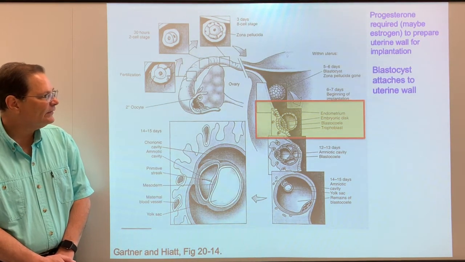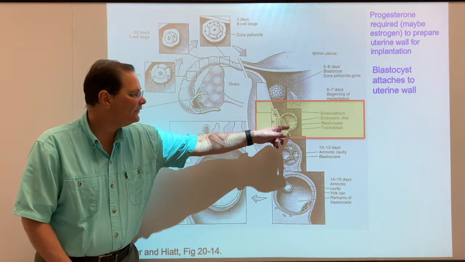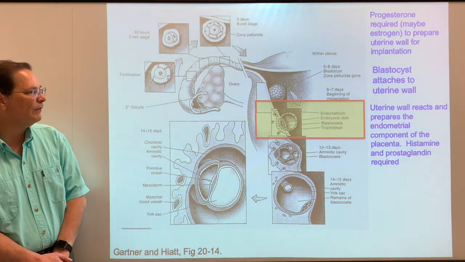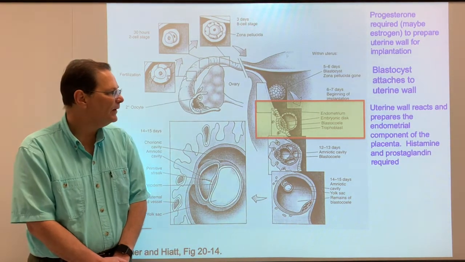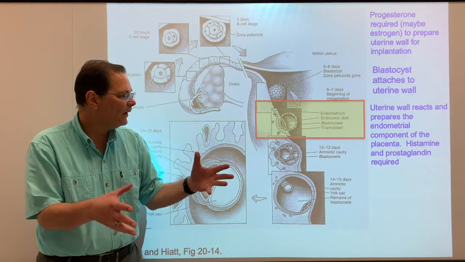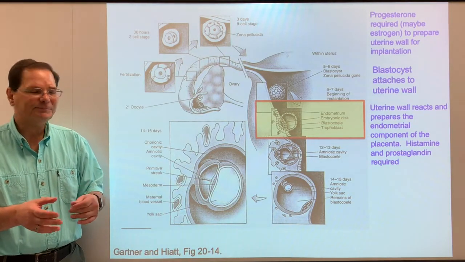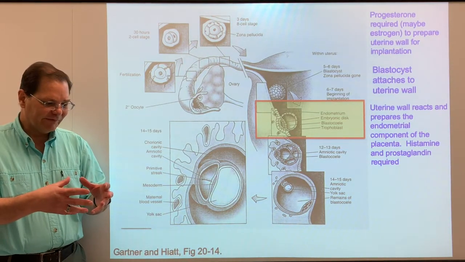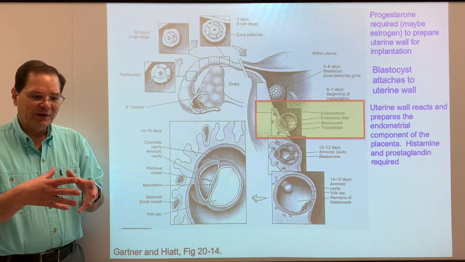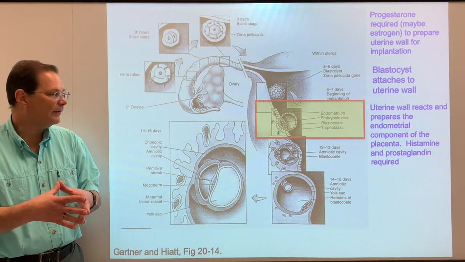The blastocyst attaches to the uterine wall, and what happens is the uterine wall actually reacts to that attachment. And it starts to basically form the female component of the placenta. As we'll see in a moment, the placenta is actually made up of a meshing of 2 different tissues from the embryo on one side and the mother on the other.